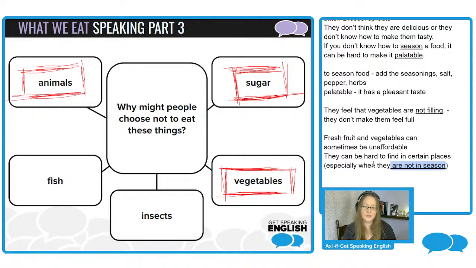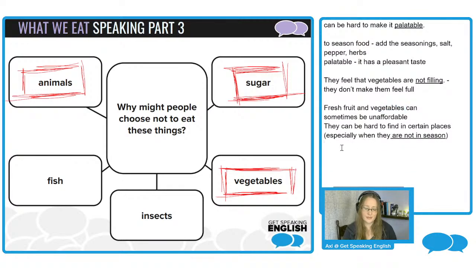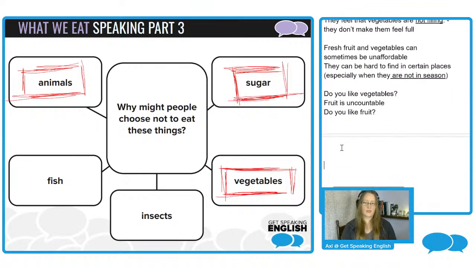So the word vegetable is countable. Like I would say, for example, do you like vegetables? Fruit, however, is uncountable. So for example, I would say, do you like fruit? And we would typically only say fruits if we're talking about different varieties, like different types of fruit.